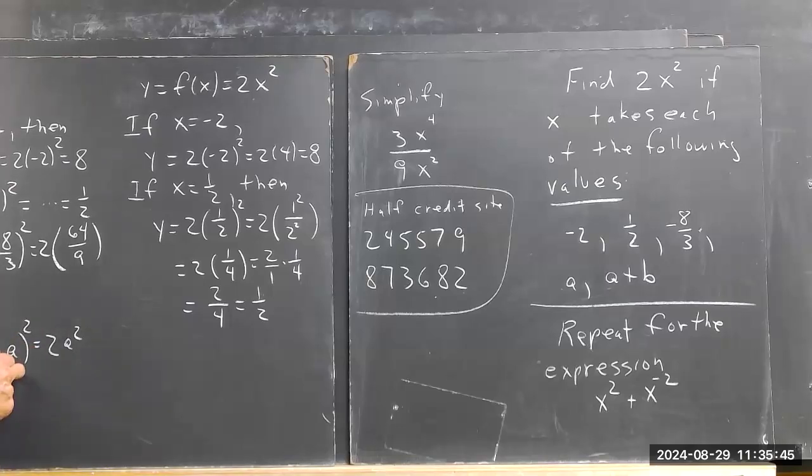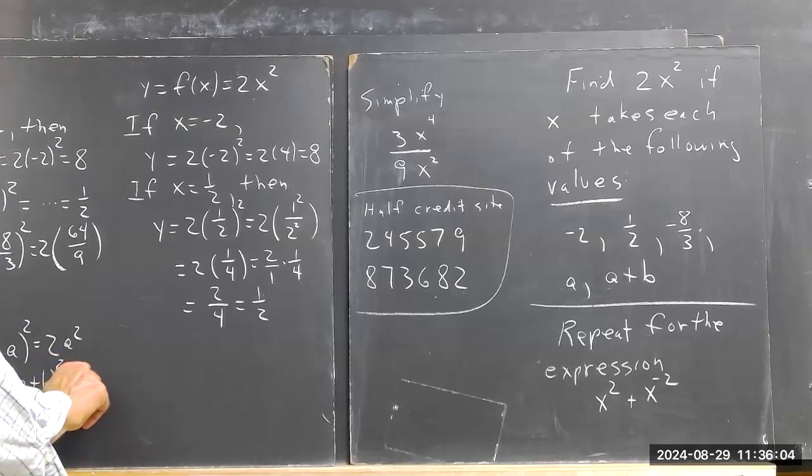If you put the parentheses there, it reminds you, no, I'm not squaring that 2. That 2 doesn't have a square on it. Okay. Then F of A plus B equals 2 times the quantity A plus B squared.